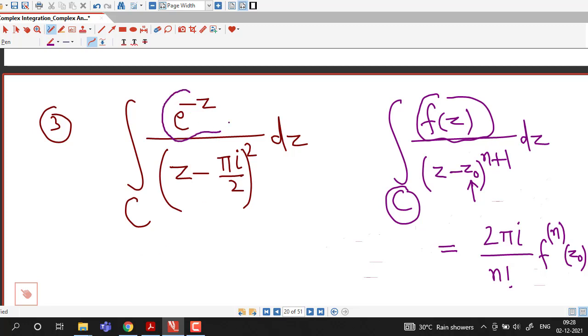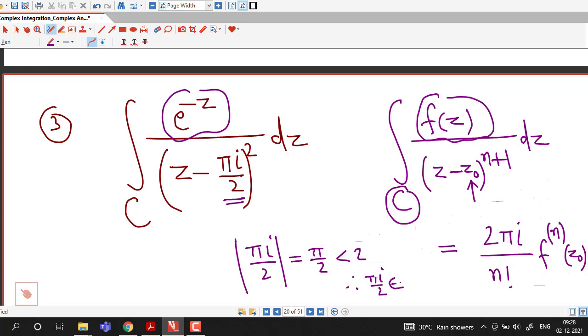So here we can compare f of z, we will consider as e raised to minus z. It is analytic everywhere. Z0 will be pi I by 2 and pi I by 2 has modulus equal to pi by 2 and which is less than 2. Therefore pi I by 2 will be inside mod z equal to 2.